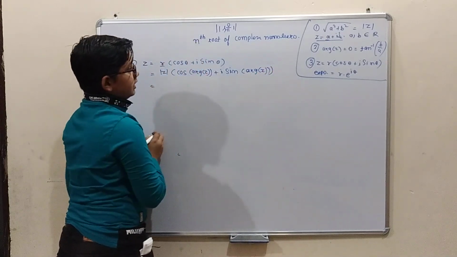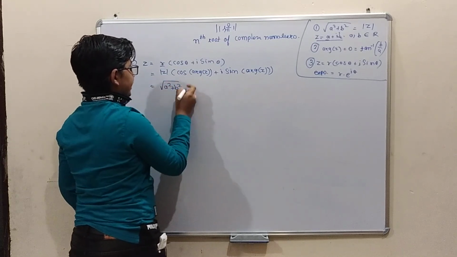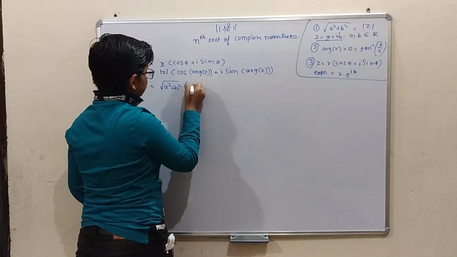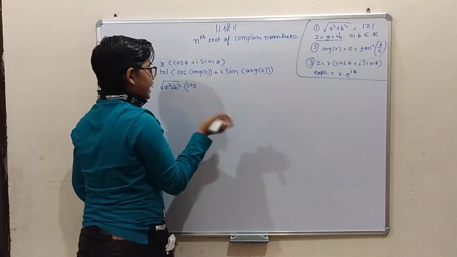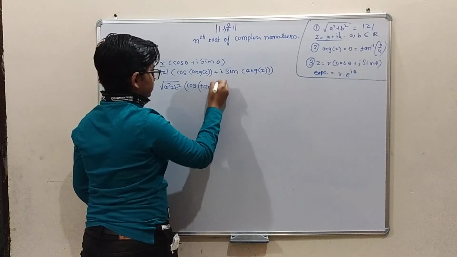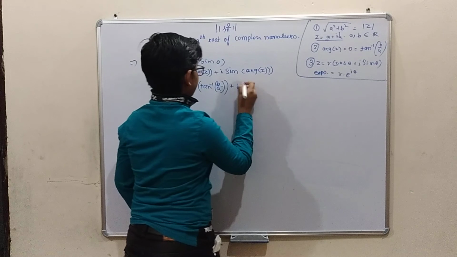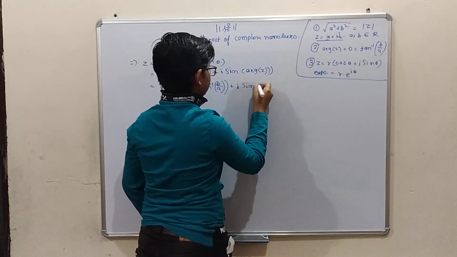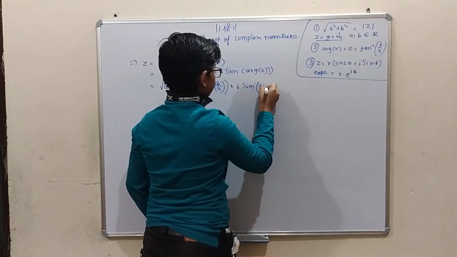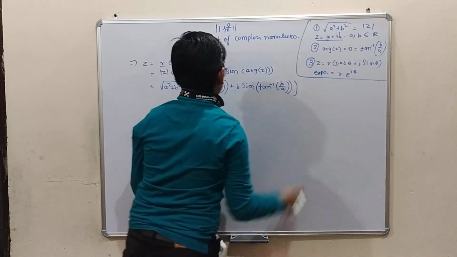So what is mod z? It is equal to root of a squared plus b squared, times cos of the argument of z, which is tan inverse of b by a, plus i times sin tan inverse of b upon a.